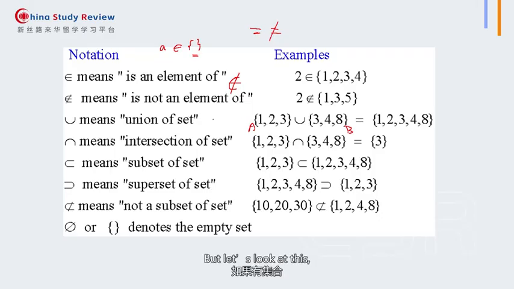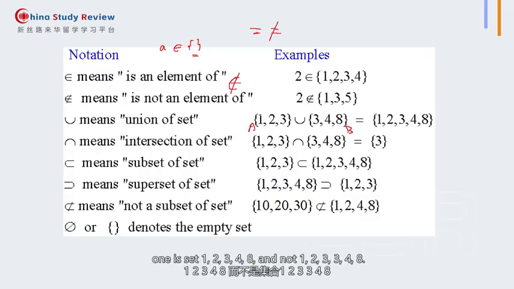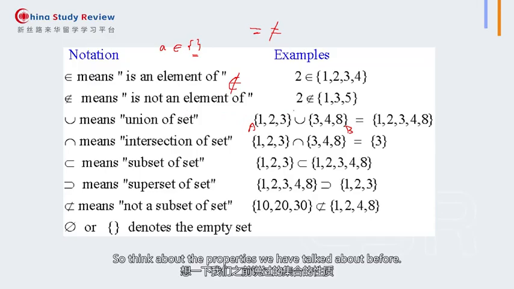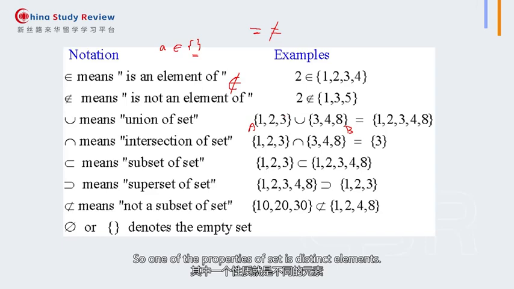But look at this. Why is it 1, 2, 3, 4, 8 and not 1, 2, 3, 3, 4, 8? Start thinking about the properties that we have talked about before, right? One of the properties of a set is distinct elements.